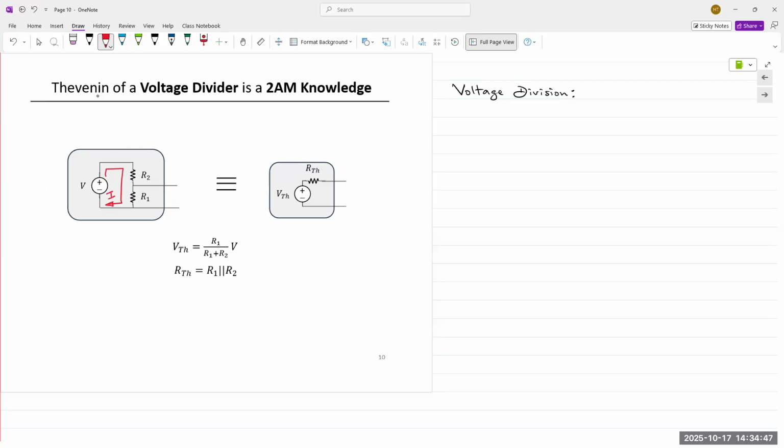They're open, they're not connected to anything. So if they're not connected to anything, there is no current flowing through them. That means R1 and R2 are in series, right? So if I was to write an equation for the current I from Ohm's law, I can write I is equal to V over R1 plus R2.